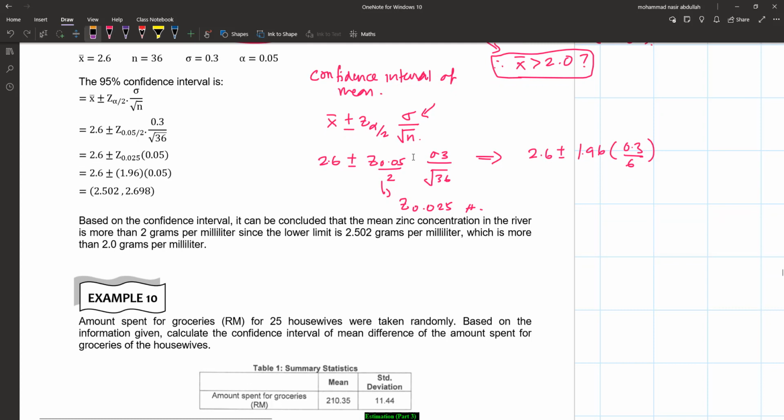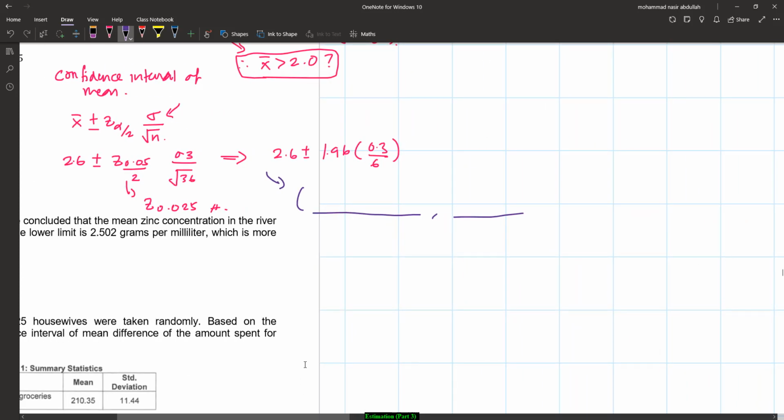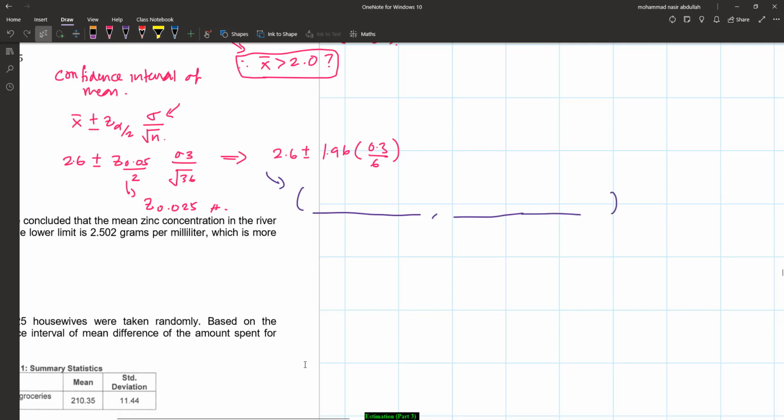Remember, tadi saya cakap, in a confidence interval we have a lower confidence limit and an upper confidence limit. The lower confidence limit is 2.6 minus 1.96 multiplied with 0.3 divided by 6.